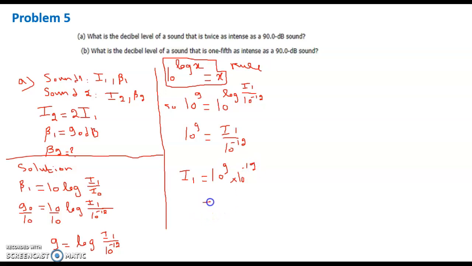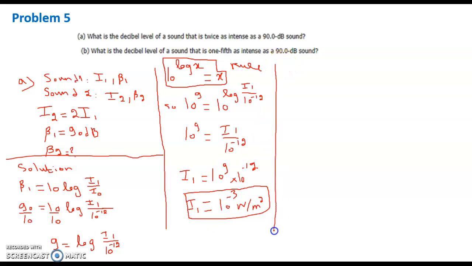So this is 10 power minus 3 watt per meter squared. So now I found I1. I can find I2 due to the relation that I2 is double I1 as given.